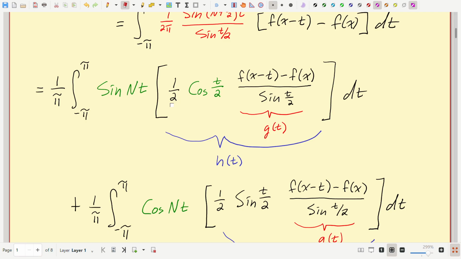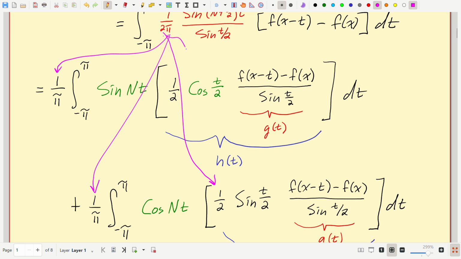And the 1 over pi I put out in front also goes here, and the 2, in this case, goes here. So that's where those came from.